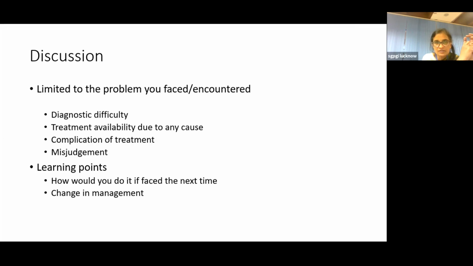Was it a diagnostic difficulty? Was the availability of treatment not there because of any cause or any problem? Was there a complication of treatment, or was there a misjudgment or an error of judgment on our part? All that has to be brought out clearly and explained.